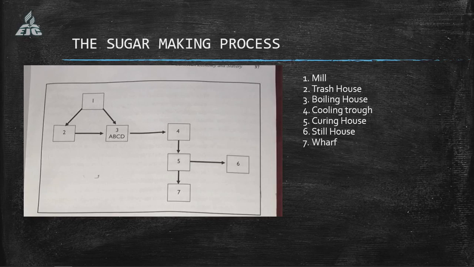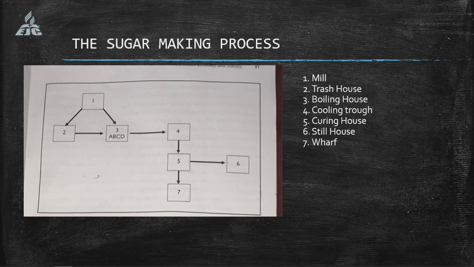In diagram number 1, the sugar making process, you have the mill first, then you have the chash house. So the juice is being extracted at the mill house, and then the chash would go to the chash house. And as you can see on the diagram, from the mill to the chash house, then to the boiling house to boil the juice.